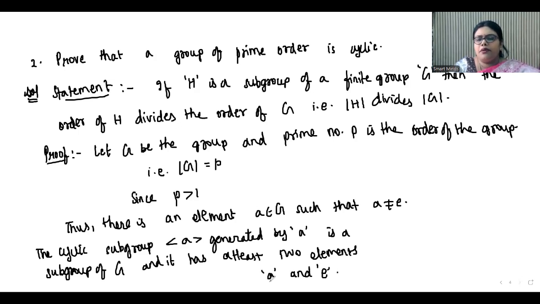Same as the prime number. A prime number has 2 factors, 1 and itself. The same way here also, if it is of prime order, then it will have 2 elements, that is A and E. Now we use Lagrange's theorem here.